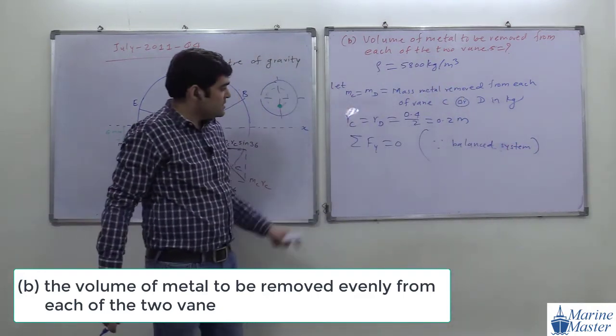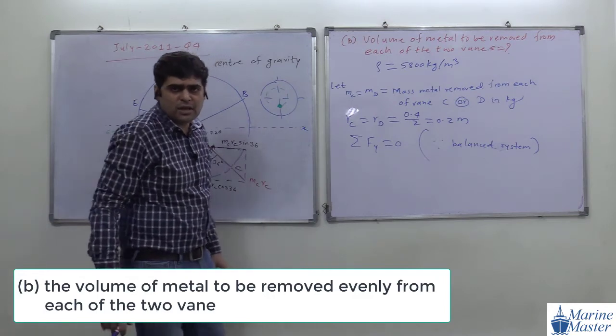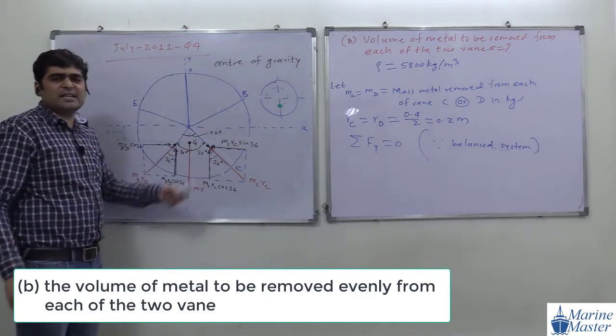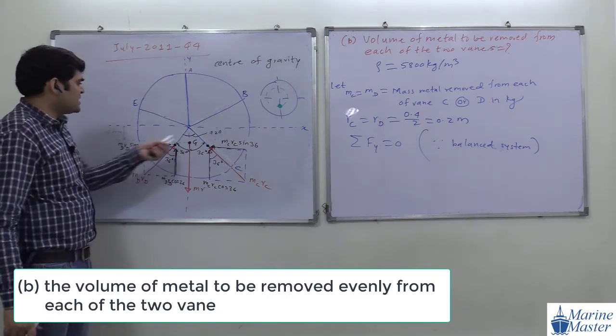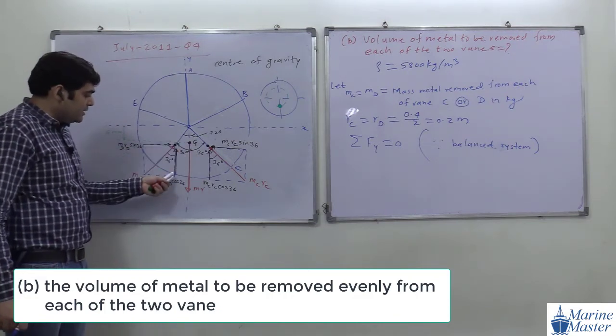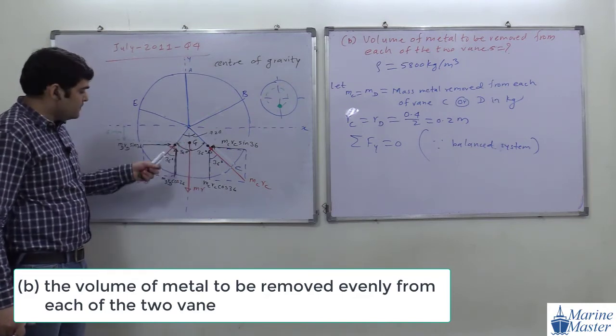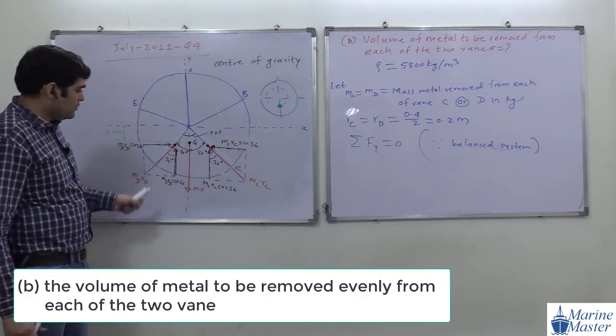So summation of forces in y direction. Why are we taking y direction? Because MDRD and MCRC in the x direction we don't need. We need y direction directly because MR acts directly in y direction. So see the scenario.